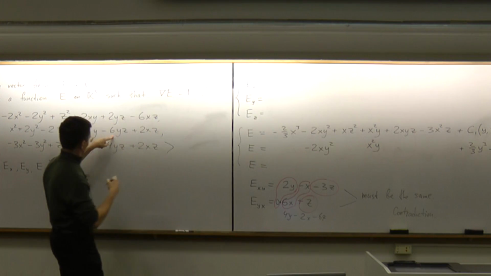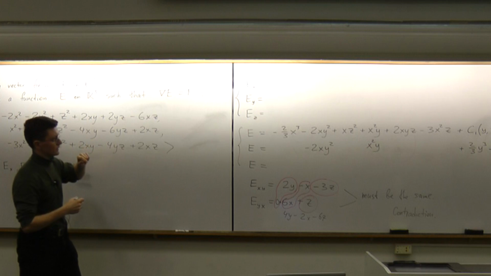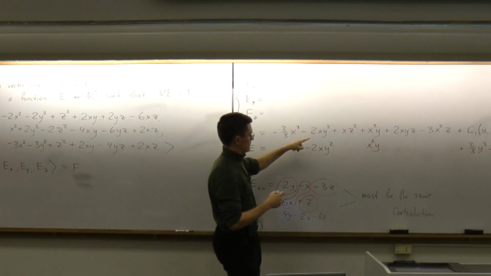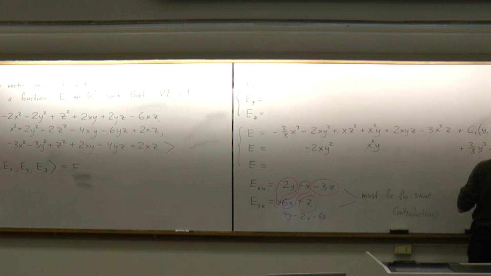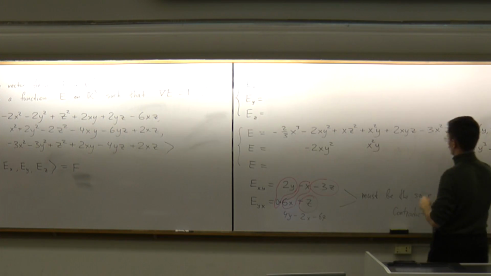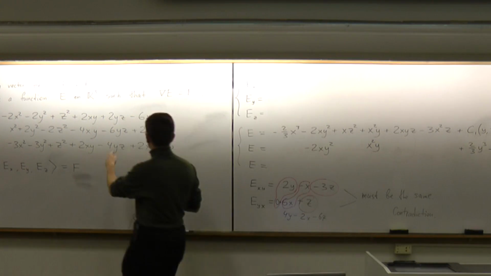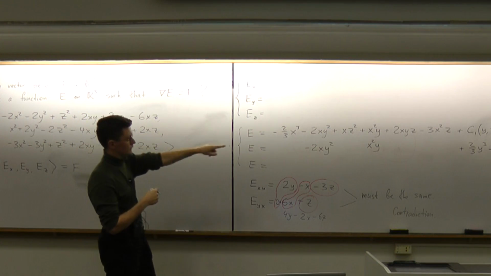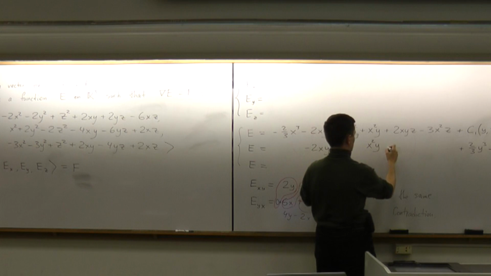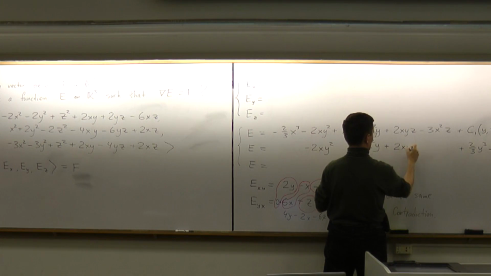Antiderivative of this with respect to y is negative 3y squared z. There is nothing in the first equation to match. And finally, integral of this with respect to y, 2xyz. It's right here in the first equation, plus 2xyz.